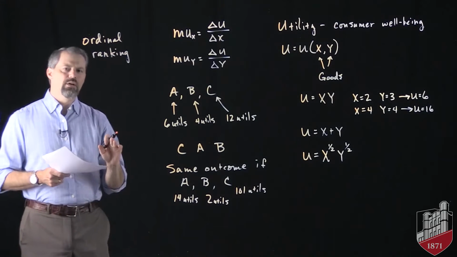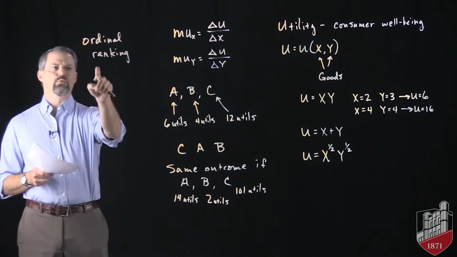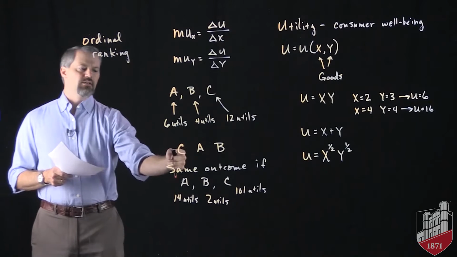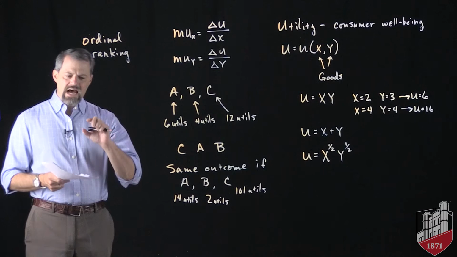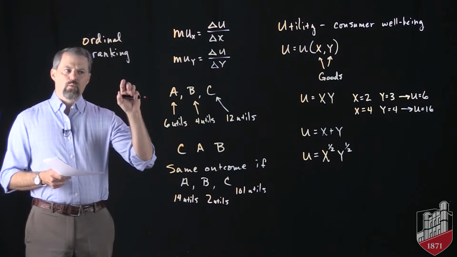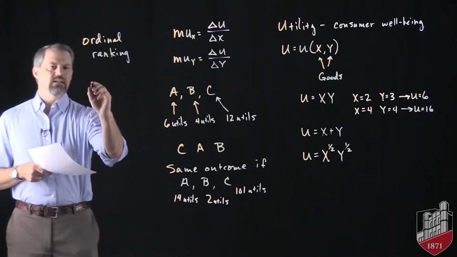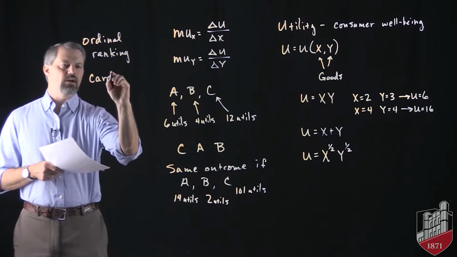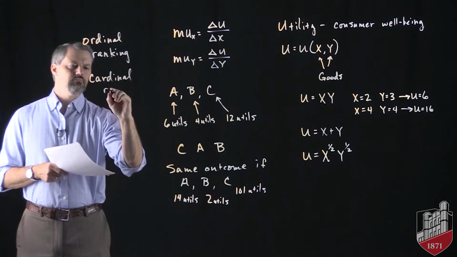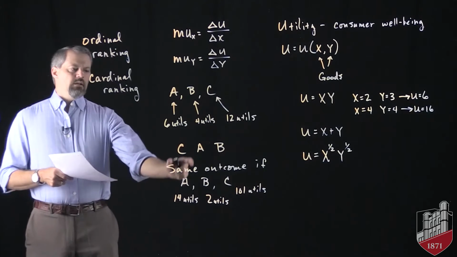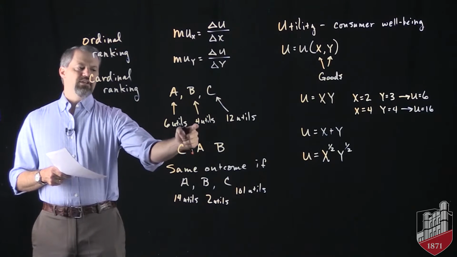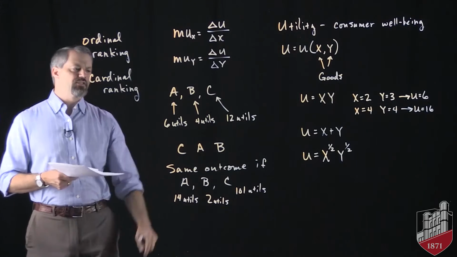Okay, that's all we care about with the utility function: the order that the consumer would put these bundles in. We do not care about what's referred to as the cardinal ranking. A cardinal ranking is a ranking where the difference between these numbers tells us something.